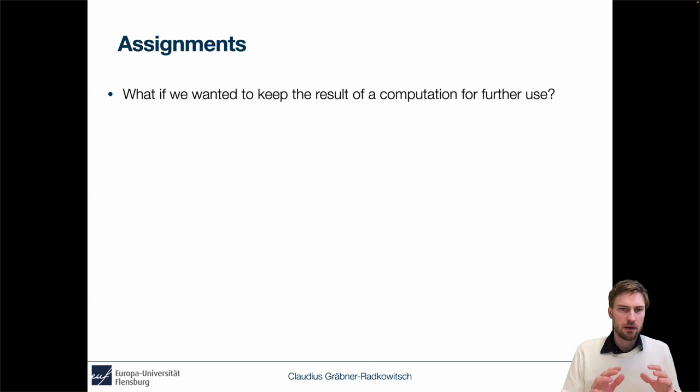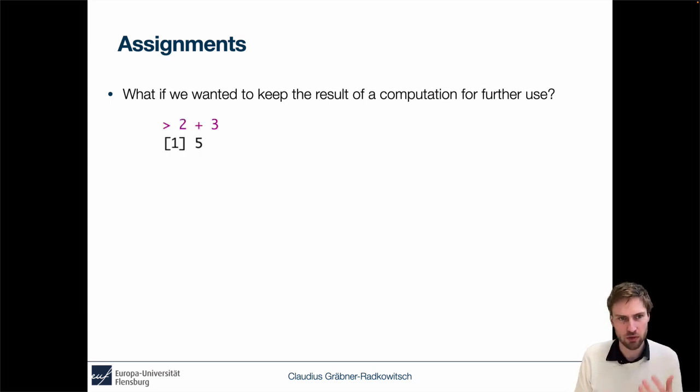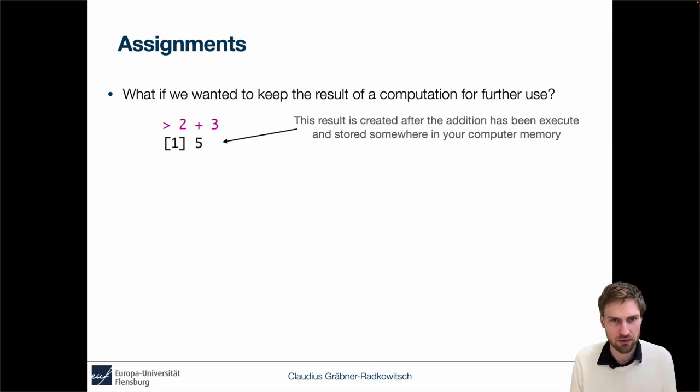Now, these computations like 2 plus 3, we do basically all the time. And you've already seen in the example before that if you effectuate them in the console, the result is printed to you, but it's not kept somewhere. So it's actually difficult to access. So in this case, you get the result from 2 plus 3, the 5. But the thing is that this result, the number 5, is an object that has been created, and it is on your computer.